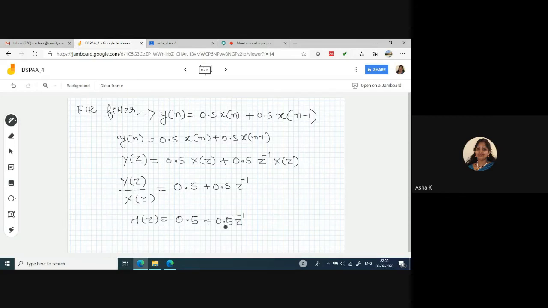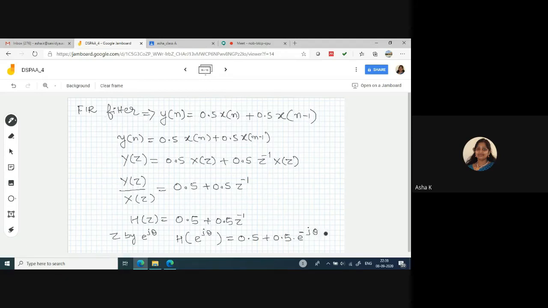So in this equation, if we replace z by e power j theta, what happens? H of e power j theta is equal to 0.5 plus 0.5 into e power minus j theta.